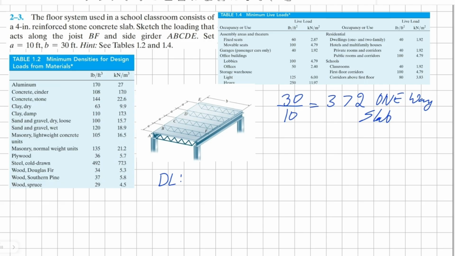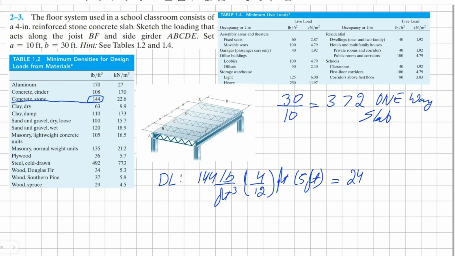So this slab, concrete slab, is a stone concrete slab with 144 pounds per cubic foot, and it's 4 inches thick, and the load that our joist BF will be holding would be 5 feet on each side, all equals to 240, pardon me, it's 10 feet.